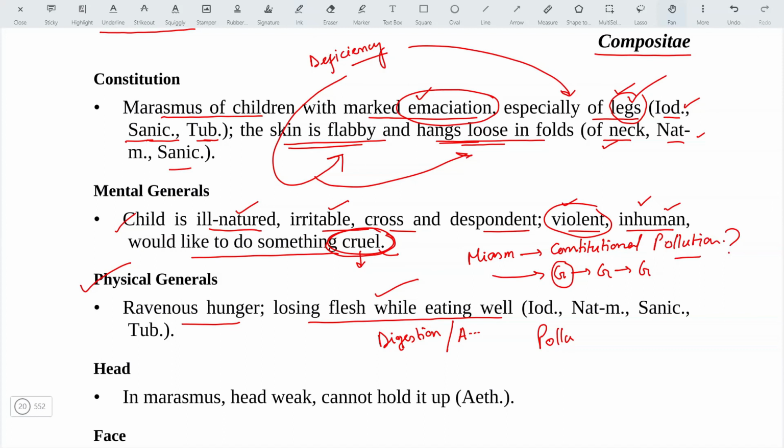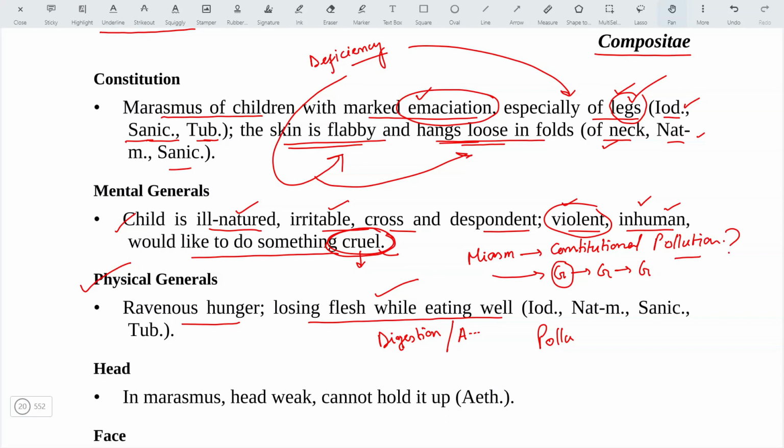Remember, the symptoms are the same in Iodum, Sanicula, Tuberculinum, or Natrum muriaticum, but the manifestations are the same while the causes may be different. Causes may be different. Okay, now Abrotanum holds this cause.